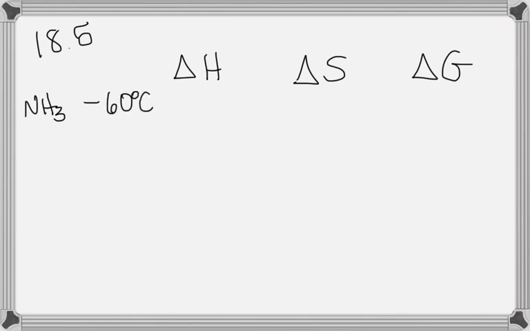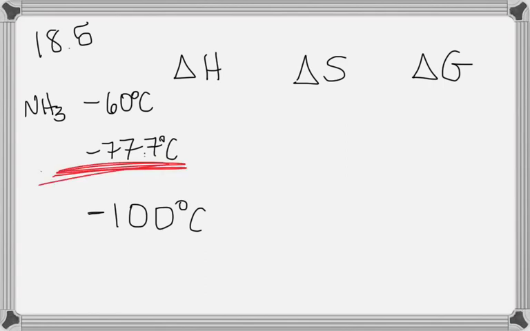On the second one, it's melting at negative 77.7 degrees Celsius. And on the third one, it's melting at negative 100 degrees Celsius. Okay. And you're told that this is the normal melting point, negative 77.